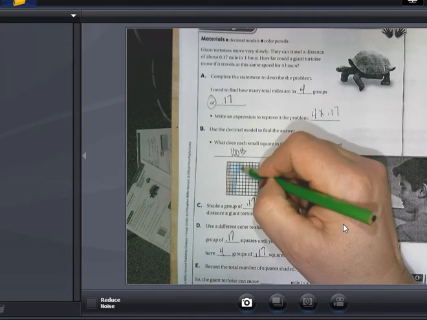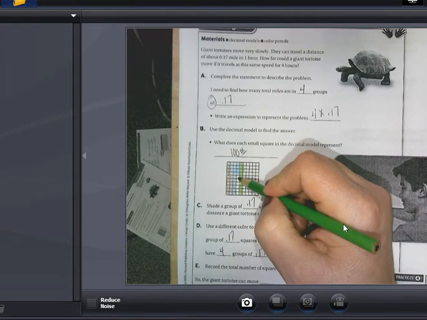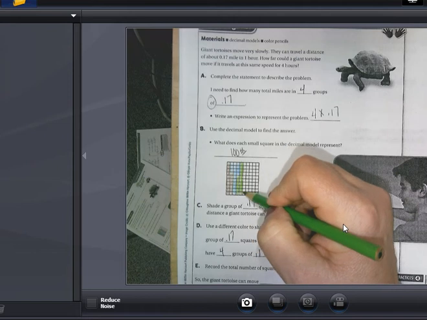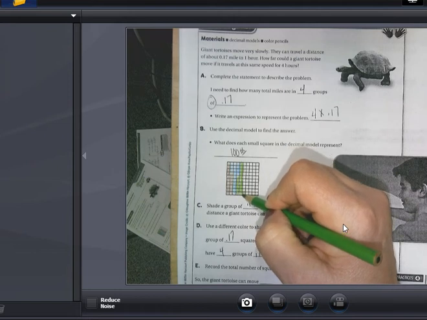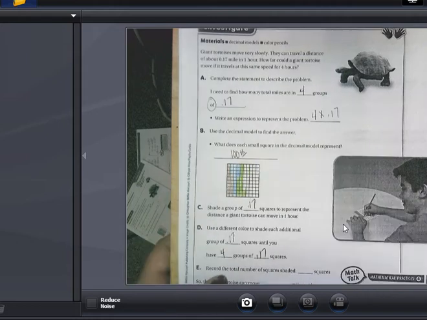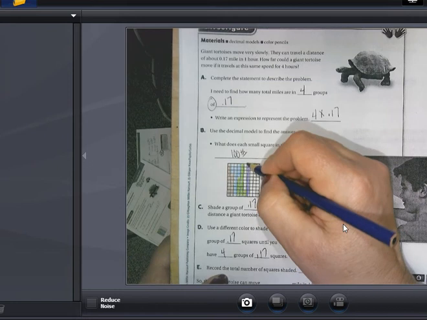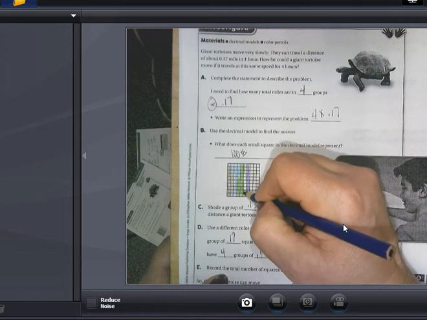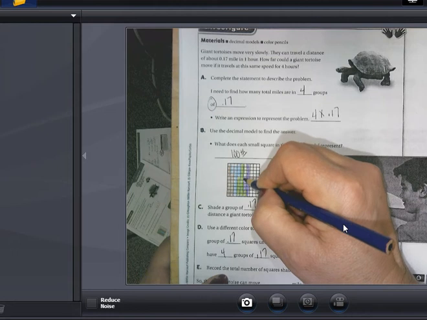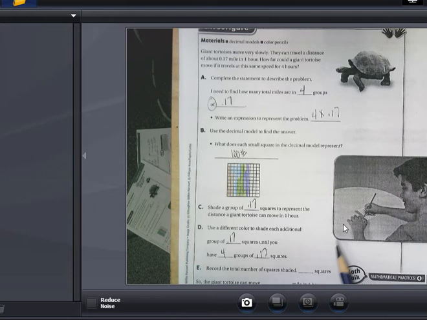I like to do my wholes all as green as 1 whole one. And then I have 6 here, 7, sorry. And then one more color. I need 1 whole, and 1, 2, 3, 4, 5, 6, 7. So now I have my 4 groups.